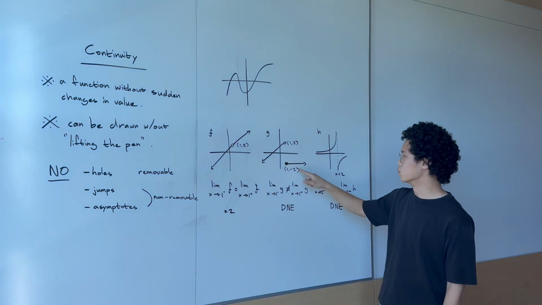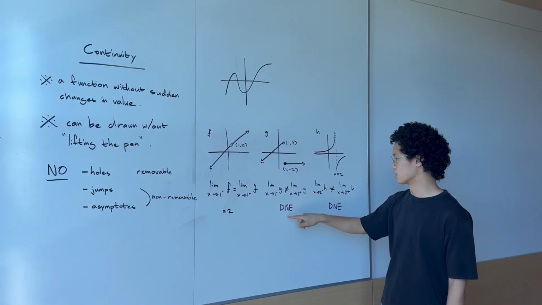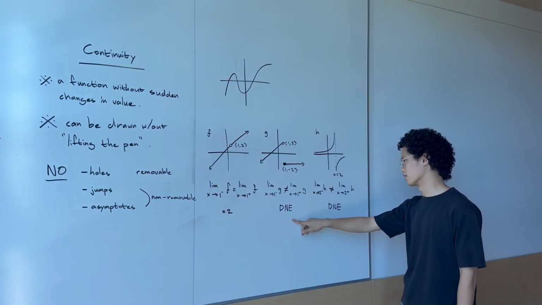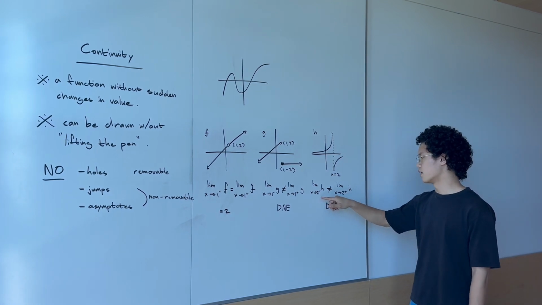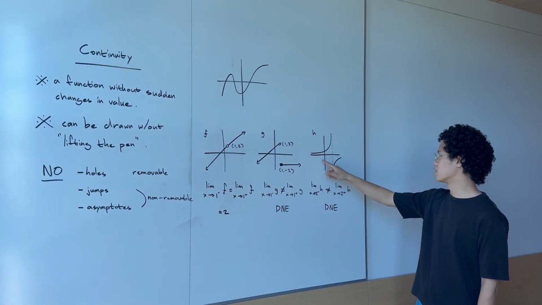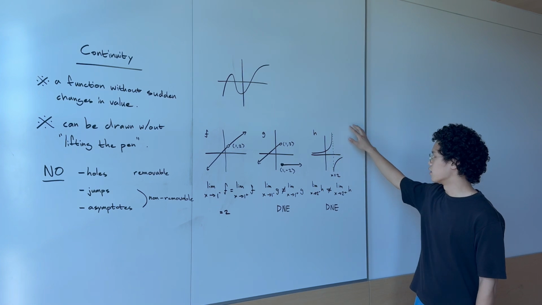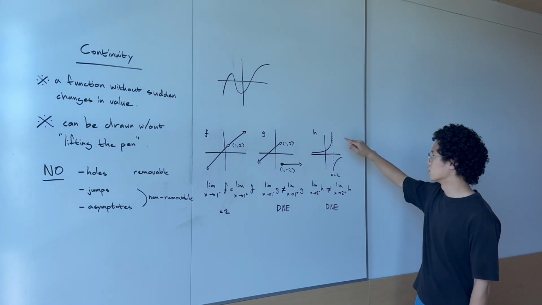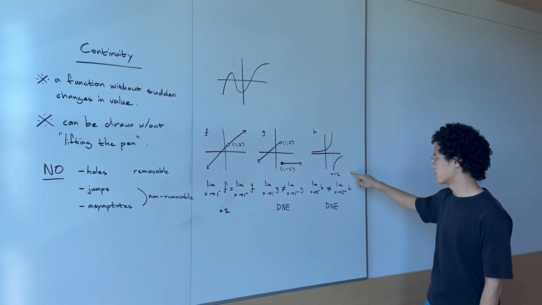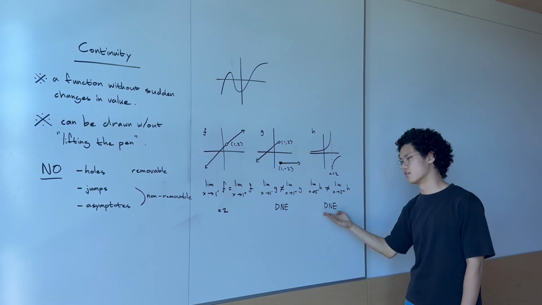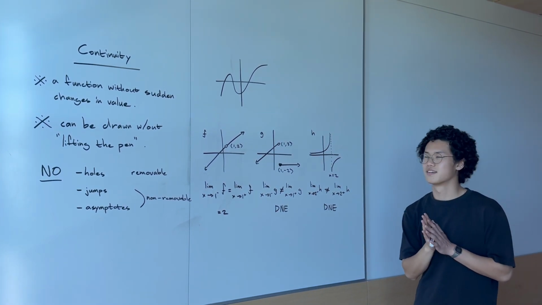From the left it would be 2, from the right it would be negative 2. So the overall limit doesn't exist. And here, as x approaches 2 from the left and from the right, the limits are respectively positive infinity and negative infinity, which is not equal. Again, the overall limit does not exist.